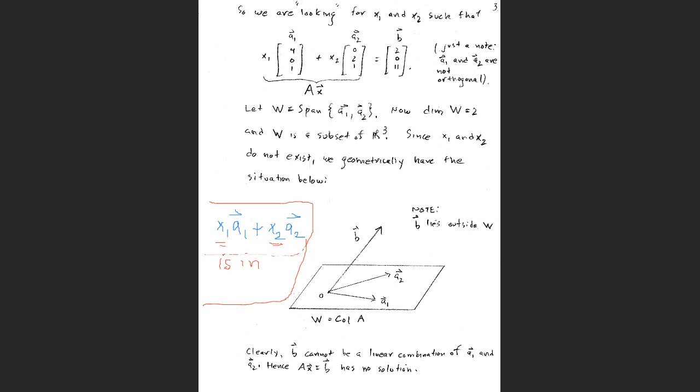Good. It's in subspace W, because subspace W is the column space of the matrix A. And the column space of the matrix A means the span of the column vectors of the matrix A. And the column vectors of the matrix A are a1 and a2. So I'm going to draw a few vectors in my column space of A.